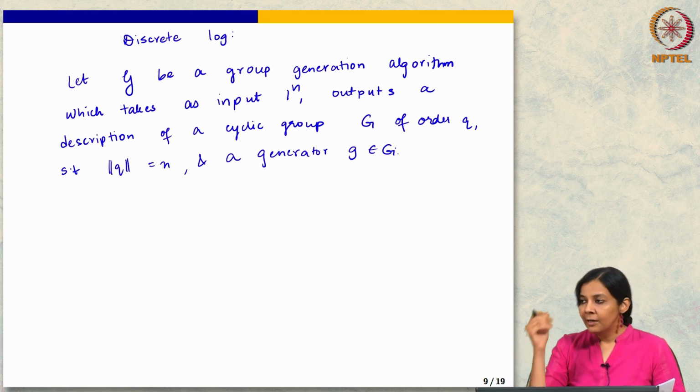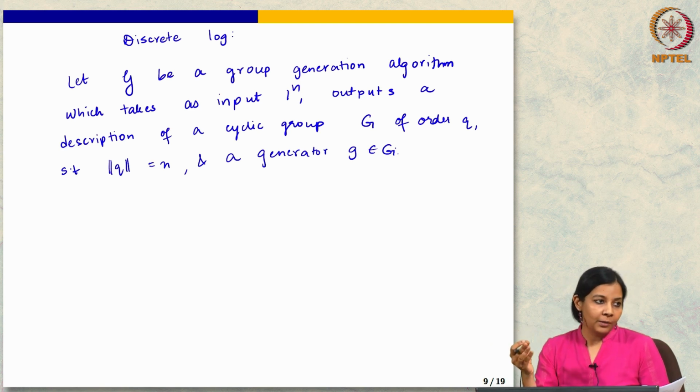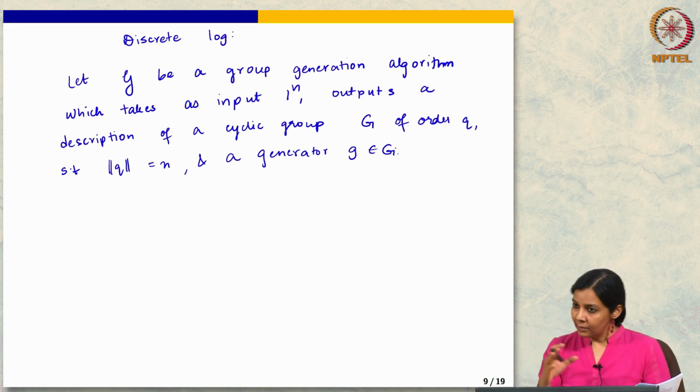Is it clear? For concreteness, if you want to think of the operation as multiplication, note that in an abstract group we are not actually defining what the operation is. A group will just have some operation. It could be something fancy like in elliptic curve groups, but for simplicity think of multiplication.